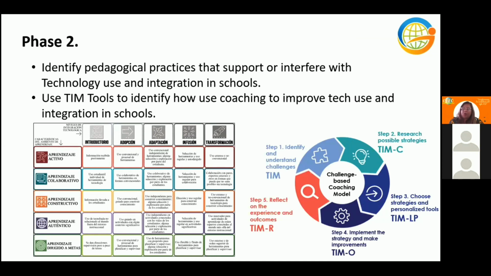And so we're now working with 11 teachers in 11 schools. Each teacher is going to begin working with one additional teacher in a coaching model. We're doing this along with Digital Promise. It's actually a scalable, challenge-based coaching model that they've used in other projects.